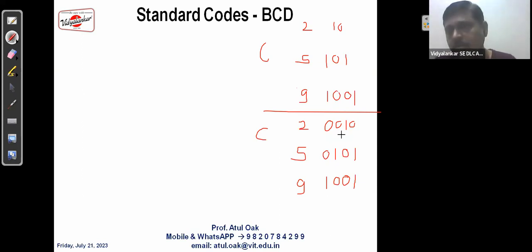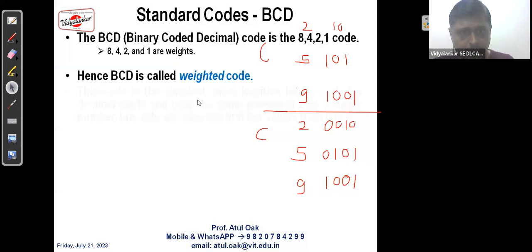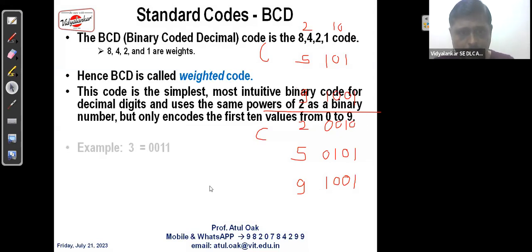That we use in BCD. And every decimal digit we represent using 4 bits. That is called binary coded decimal. This is one standard code. Anyway, let me bring those points I was talking about.